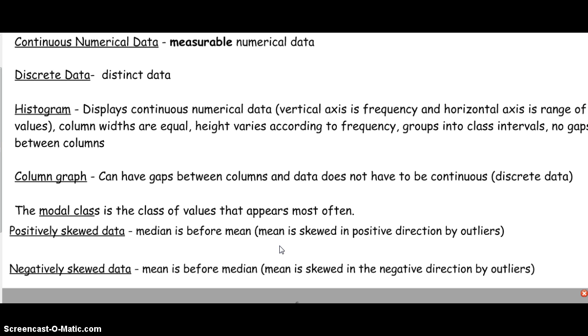Or we could have negatively skewed data, and in that case our mean is before the median, so our mean is skewed in the negative direction by outliers. Again, we'll be talking more about these definitions as we go in our video tonight.